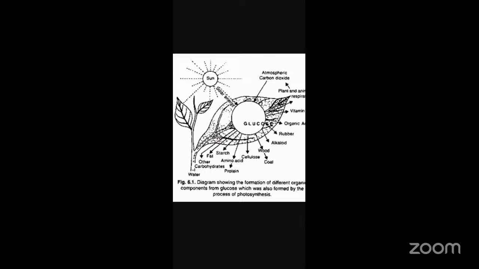So, the magnitude of photosynthesis. Only 2% of the light energy falling on the earth is utilized by photosynthetic organisms. The total carbon dioxide available to the plants for photosynthesis is around 11.2 into 10 to the power of 14 tons.